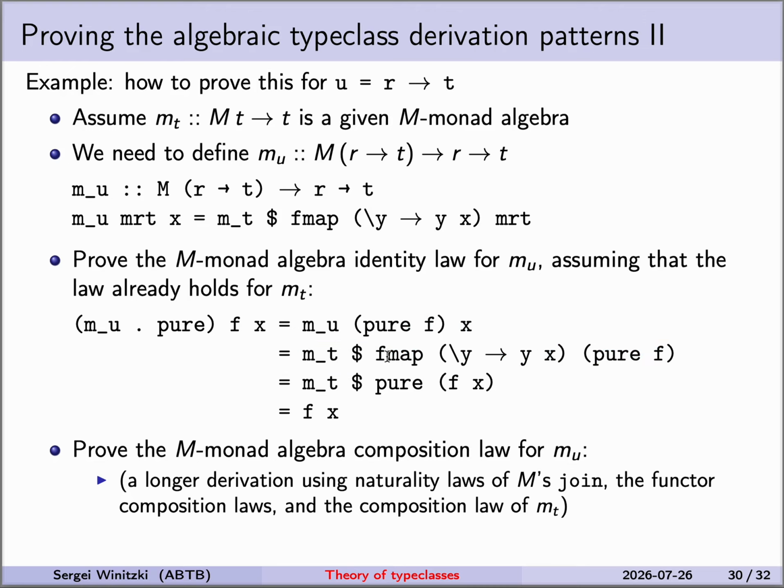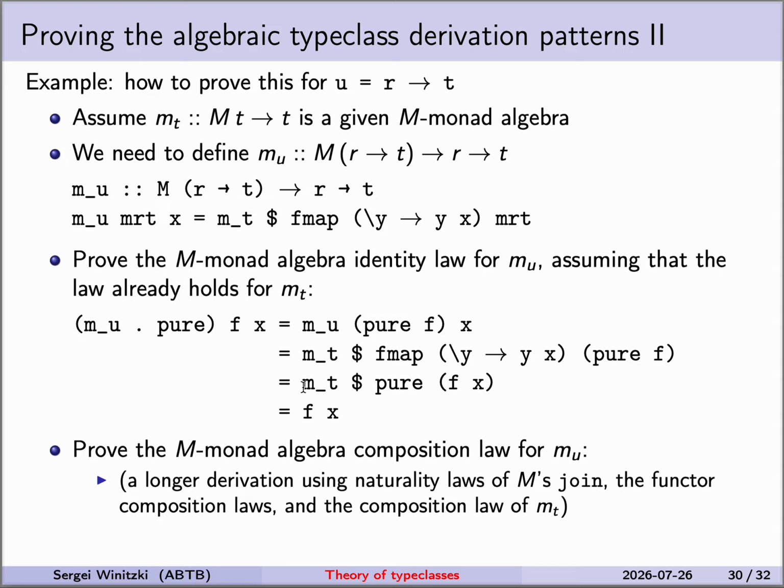And then you look at the properties of pure. Fmap applied to pure, by naturality, is equal to pure of this function applied here. So then this is equal to pure of f x. And now this is the expression we have.